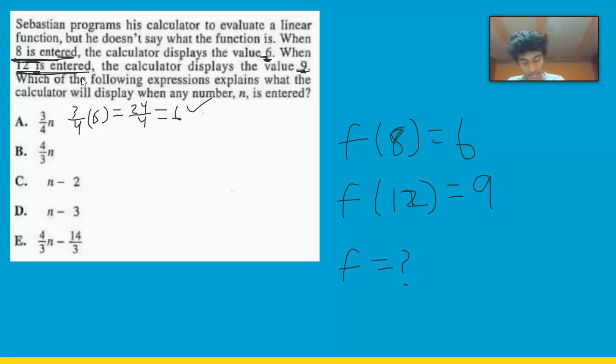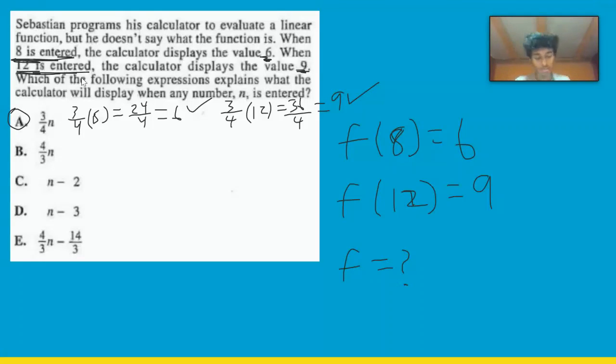Now 3/4 of 12 is 36 over 4, which is 9, which is what we want. So we know that our answer is choice A.